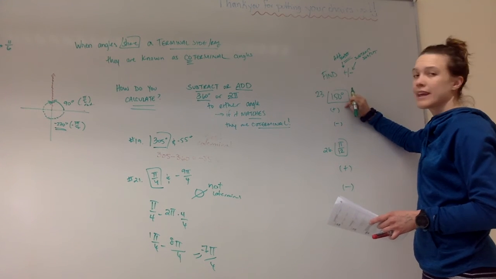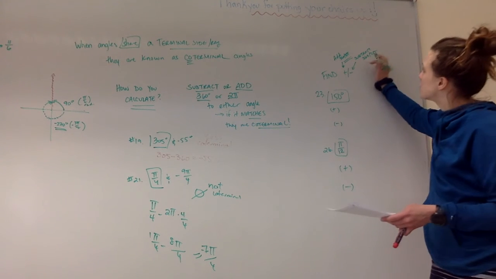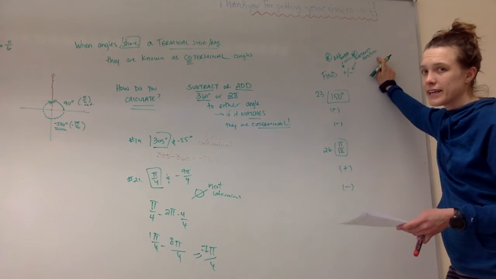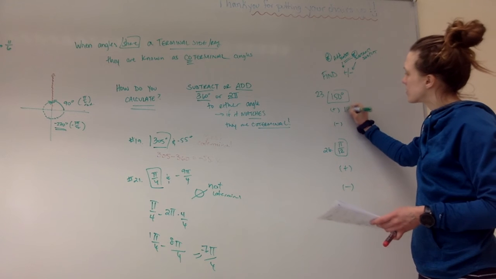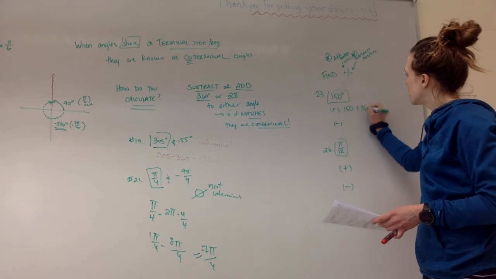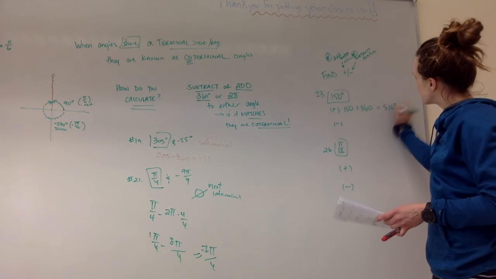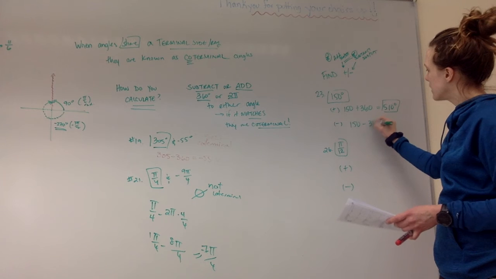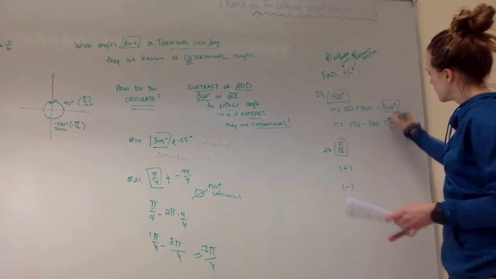Finding the negative coterminal angle means subtracting 360 degrees or 2 pi radians. So for the positive, I do 150 plus 360 and get 510 degrees. For the negative, I do 150 minus 360 and get minus 210 degrees.